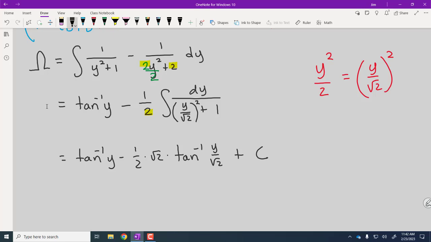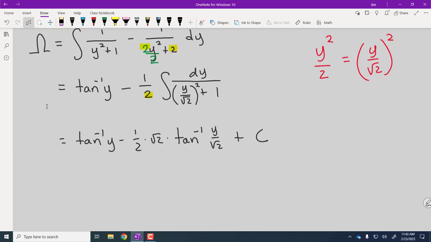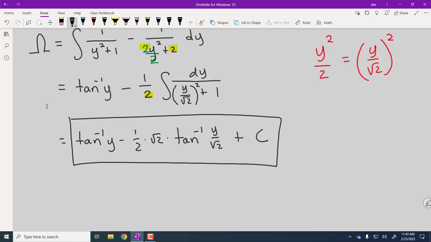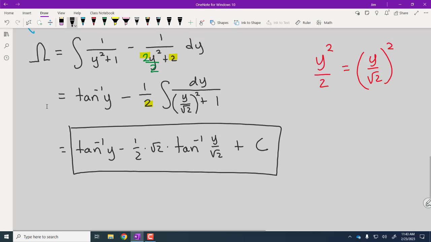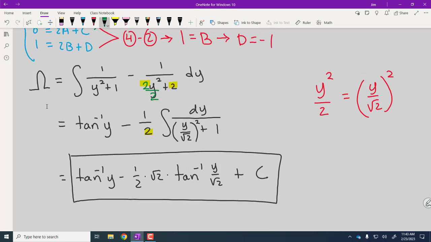Divide by 1 over root 2 means multiply by root 2. And that will be our final answer. So that is RCR. And so we're saying to ourselves the derivative of this is 1 over root 2. Dividing by 1 over root 2 is multiplying by root 2.